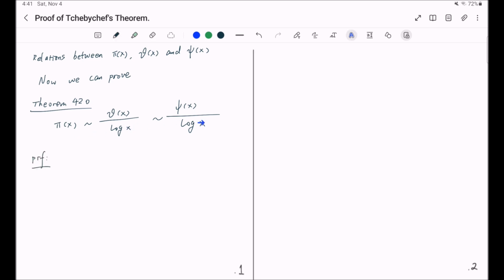To prove these relations, we first observe that by theorem 13, which states that the difference between theta of x and psi of x is big O of the square root of x times log of x squared.